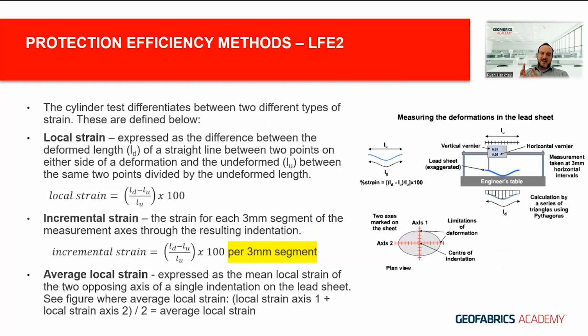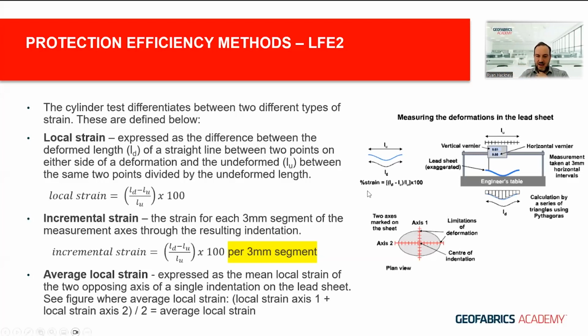The LFE2 test, the cylinder test as we call it, differentiates between types of strain: local strain, incremental strain, and average local strain. Local strain is expressed as the difference between the deformed length of a straight line between two points that we measure on the indentation on either side of the deformation, and the undeformed length between the same two points, divided by the undeformed length.